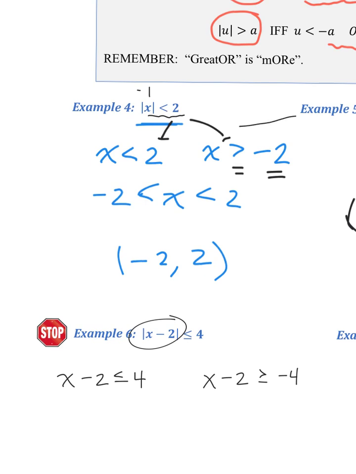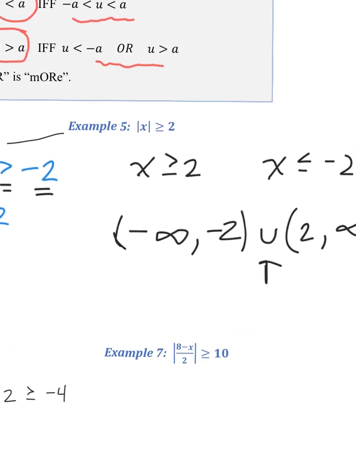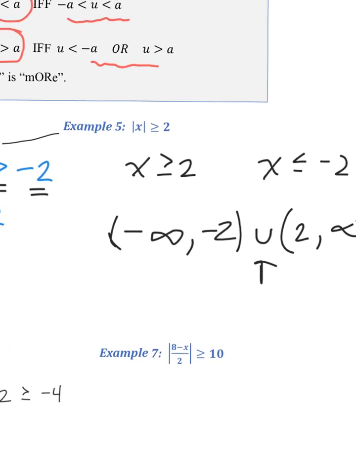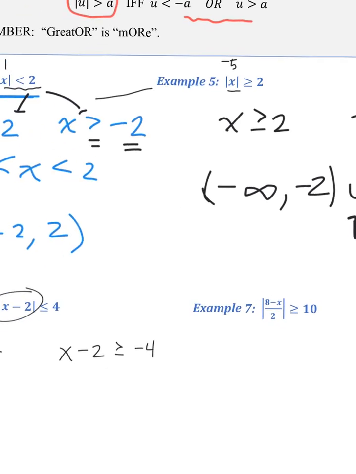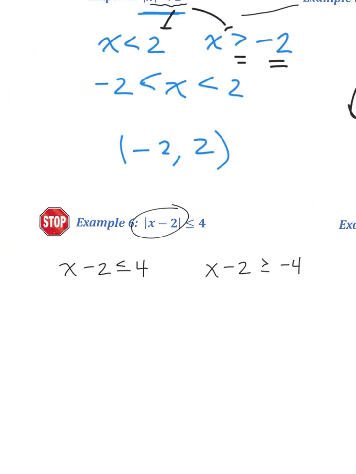But over here, on our other example, if I were to choose numbers like, say, 5, the absolute value of 5 is greater than or equal to 2, and the absolute value of negative 5, which is 5, is also greater than 2. Okay, so here I need numbers that are basically going to be between negative 4 and 4. All right, and that's how this is going to work.